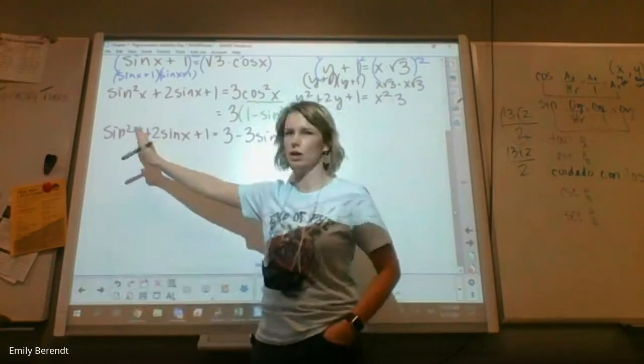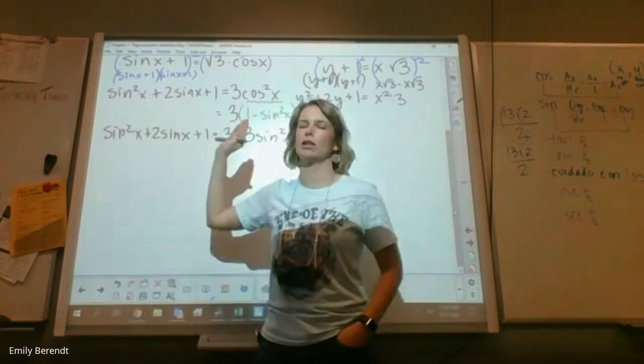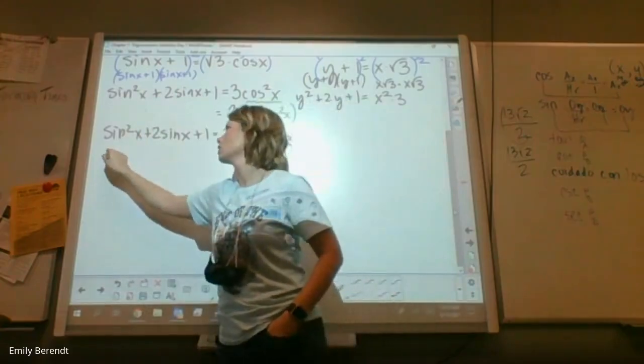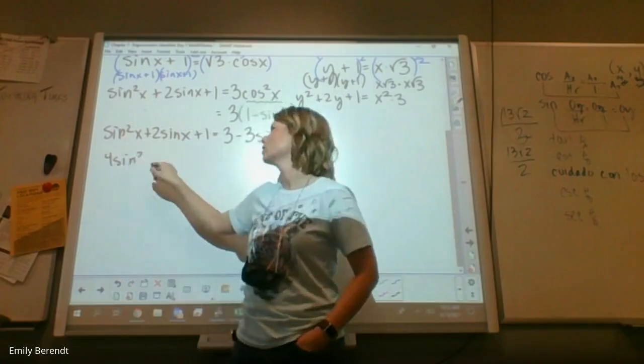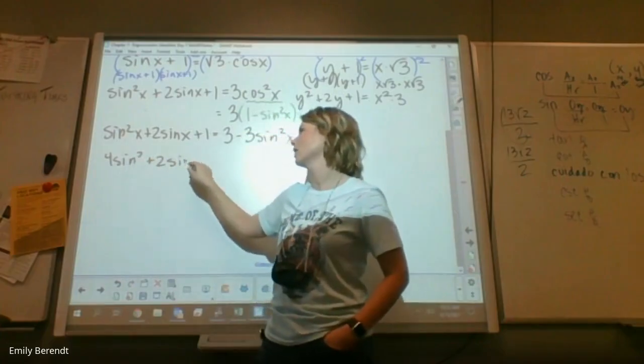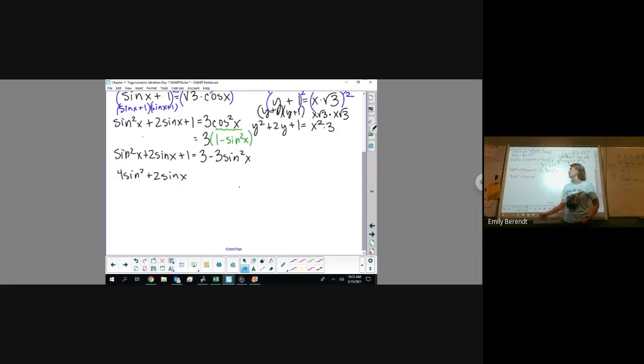So 1 sine squared plus 3 sine squared gives us 4 sine squared plus 2 sine of x. And then we need to move the 3, but we're going to subtract it from the 1 to get negative 2 equals 0.